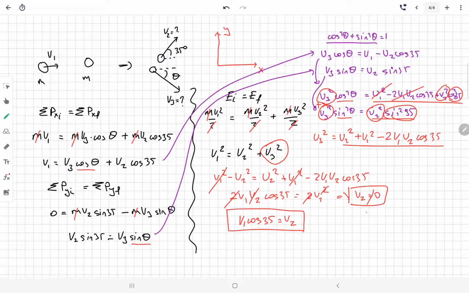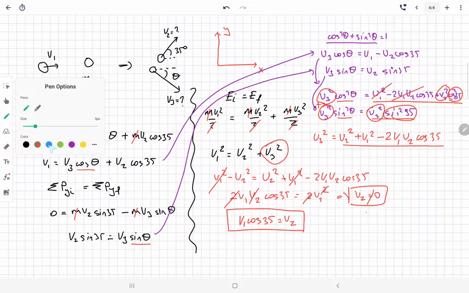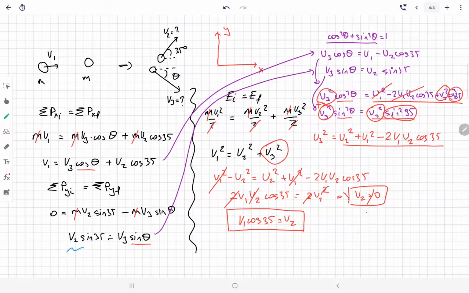How can we use this information to find v3? Here we can get the relationship between v2 and v3 because we know the relationship between v1 and v2. From here, v1 equals v2 over cosine 35. Let me substitute it here.